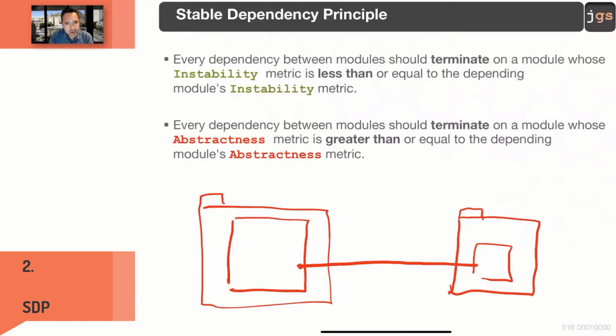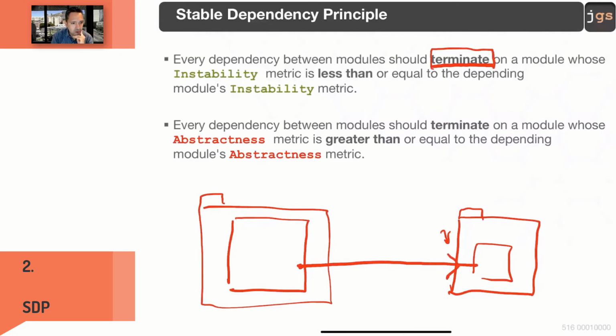And the principle, the SDP, is going to tell you the following. You know what? If you are going to connect two things, doesn't matter what they are, every single connection should terminate. If you are using arrows, this terminate is the place in which the arrow is pointing. We don't care if it's inheritance, we don't care if it's whatever, but the place to which the arrow is pointing, that is the terminal.